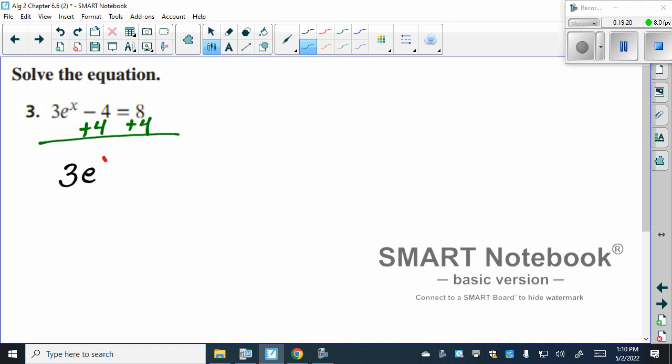Doing that will tell us that we have 3e to the x is equal to 12. Then what can we do next? We can divide both sides by 3, which will tell us that e to the x is equal to 4.